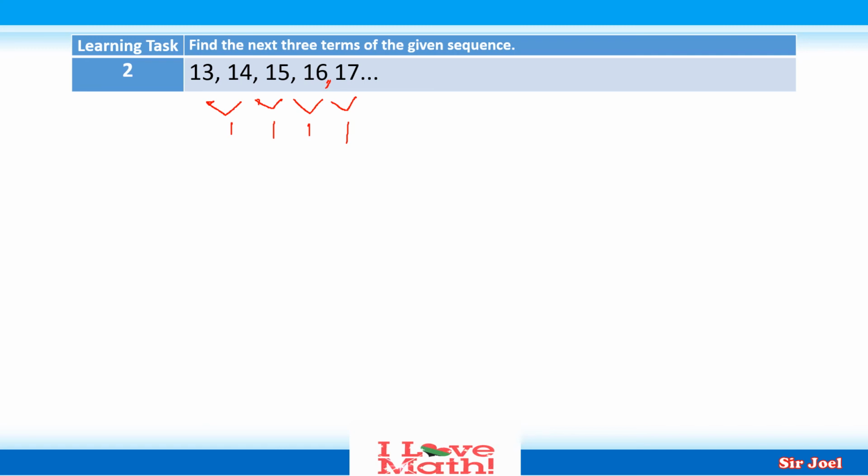So, plus 1 tayo ngayon. Tama? Pag binaliktad natin, ano? So, 17 plus 1, the answer is 18. 18 plus 1, the answer is 19. And then, 19 plus 1, the answer is 20. And then, ellipsis.